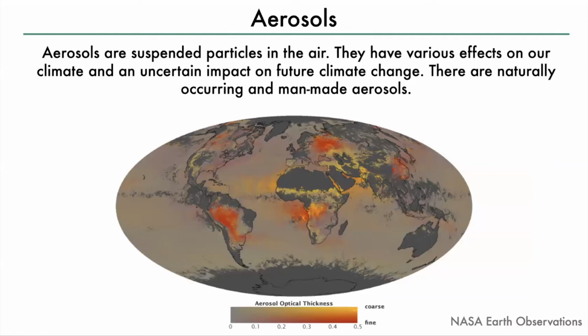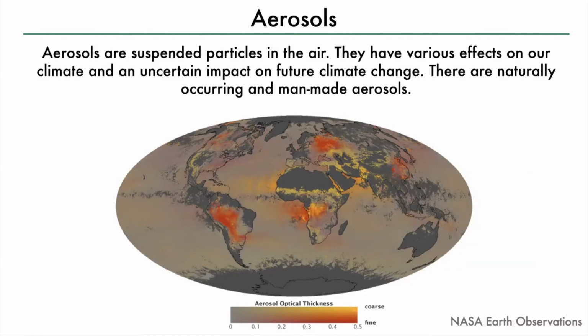And then just a quick word about aerosols, because in the Excel model available in the files section of the Canvas page, there's an aerosol scale factor, and you can play around with that.